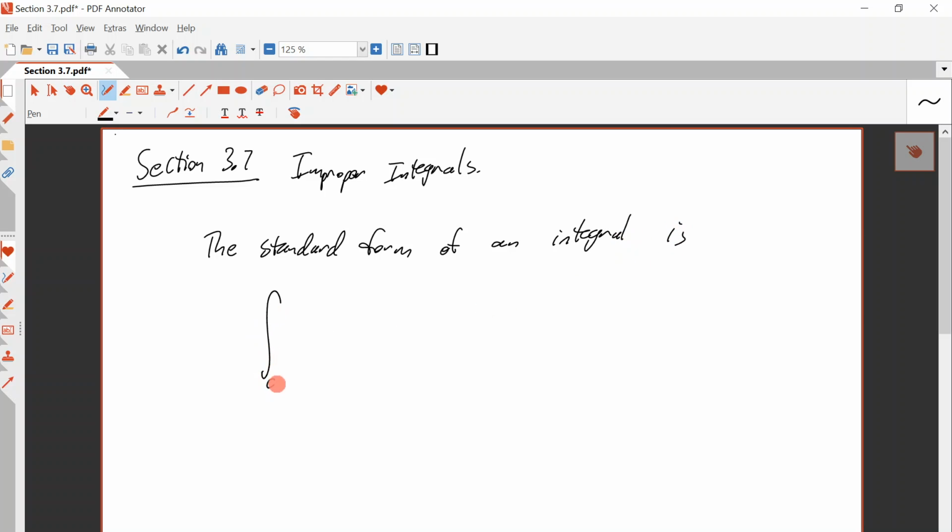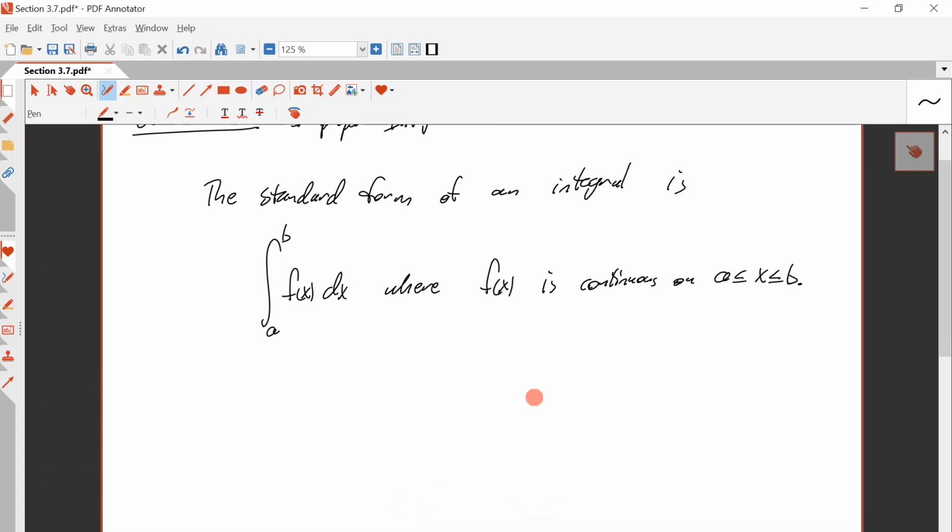is, right, the integral from a to b f(x) dx, where f of x is continuous on the interval from a to b. An improper integral is when you loosen one of two conditions.